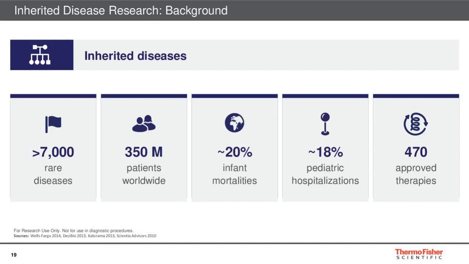And like Dr. Atul mentioned, over 20% of infant mortalities can be linked to an inherited condition, and about 18% of pediatric hospitalizations are caused due to a rare disease, which is why research in this area is so critical. Fortunately, there are over 470 approved therapies for these diseases, but there's still a long way to go to provide more options for these rare disease patients and their families.